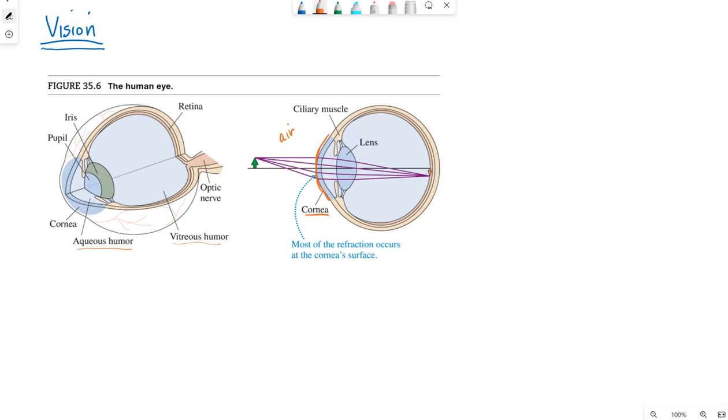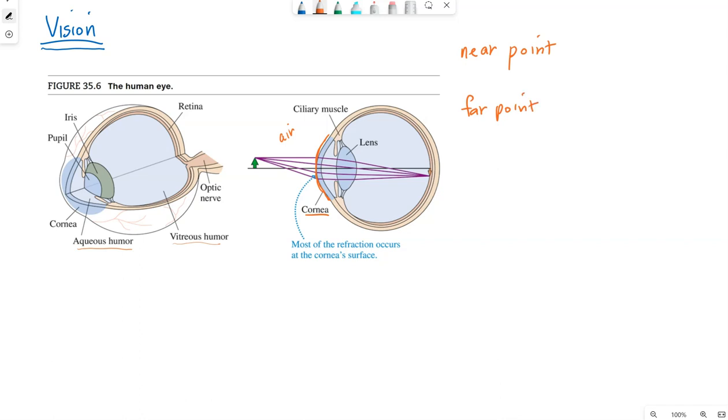Because the index of refraction isn't as widely different between these fluids and the lens, the lens is primarily responsible for the fine-tuning of our vision, being able to see farther away, closer up, but the primary refraction is done by the cornea.